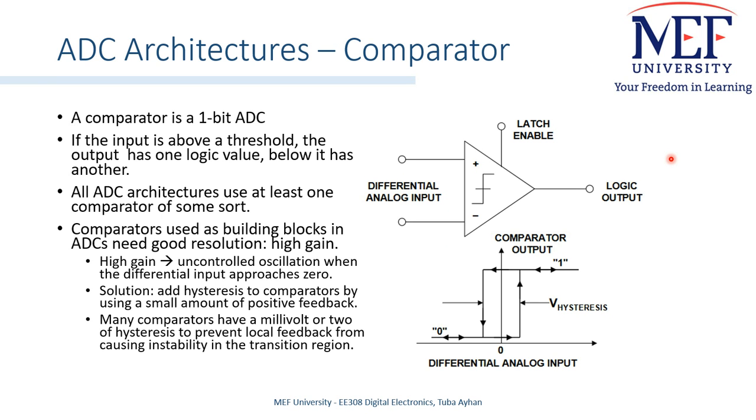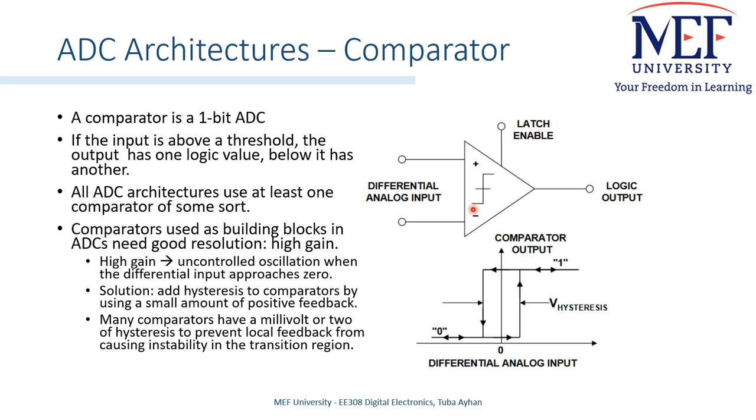The problem with comparators: the ADCs need good resolution, so we need to convert values of millivolts and even smaller to a logic level, which means 0 to 5 volts, for example. So we need a high gain here.